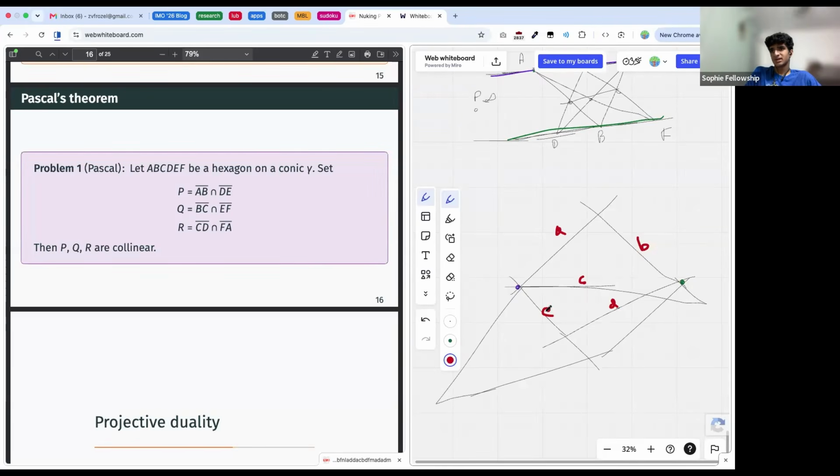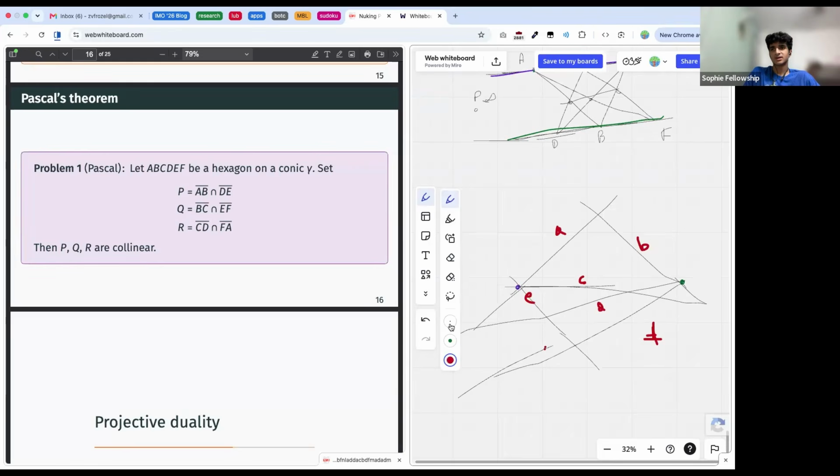But what it's basically telling you is that, let's make this line better. Just bear with me while I fix the labeling and all that. This is E, this is D, and this is F.